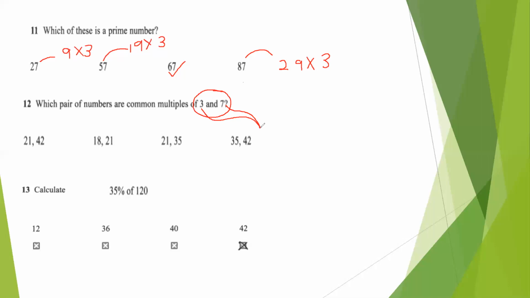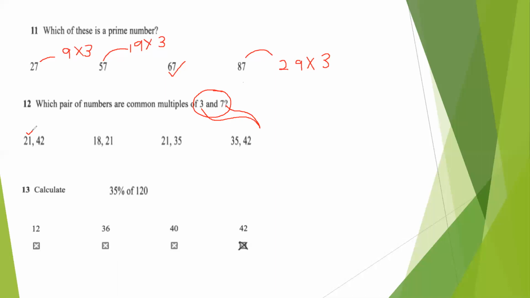Let's see. Now, when you get the first one in the 3 times table, you will get 21. Yes, 3, 6, 9, 12, 15, 18, 21. Yes. In the 7 times table, 7, 14, 21. Right. The first number is correct. We'll see the second number, 42.